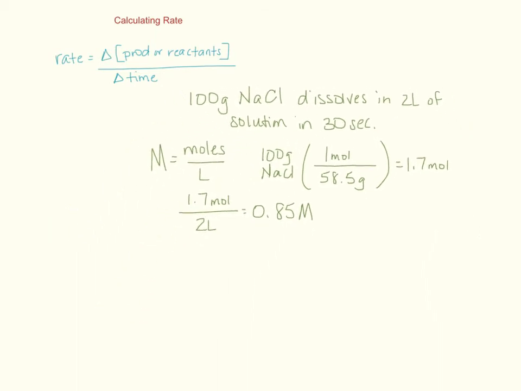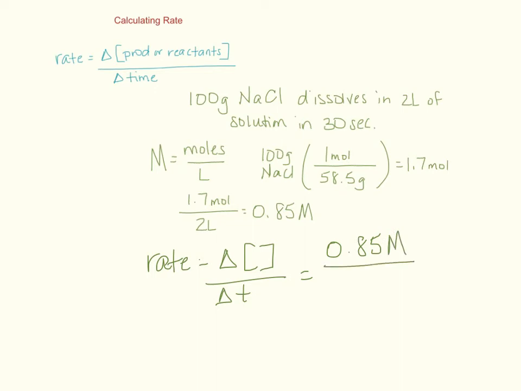So now we have our concentration, and our time is 30 seconds. So with our rate being change in concentration over change in time, our change in concentration is 0.85 molar is going to dissolve in 30 seconds. And our time is always going to be in seconds.